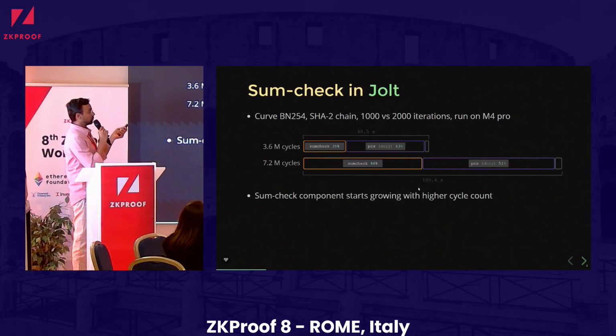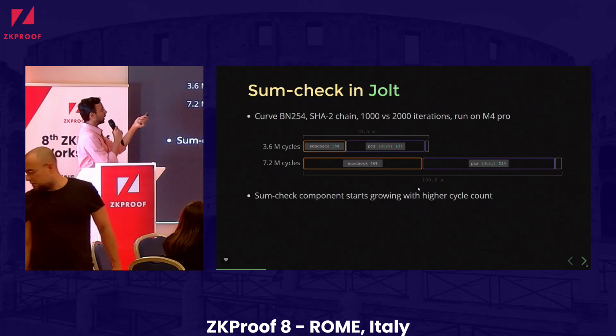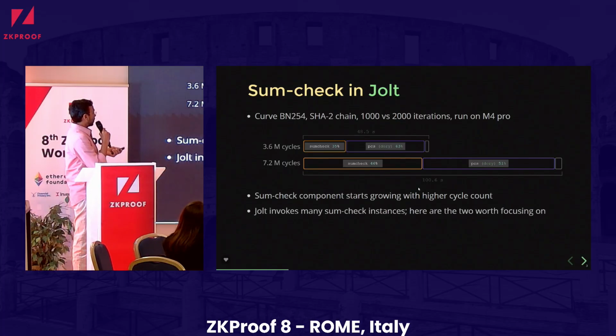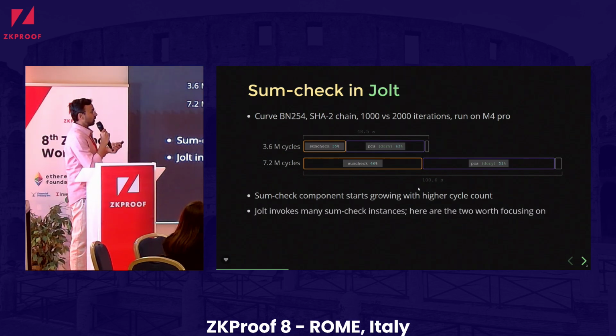So we really thought improving sum check is really necessary for us to be able to get an end-to-end improvement in the Jolt prover. Jolt invokes a lot of sum check instances. For doing everything, it boils down to doing sum check.